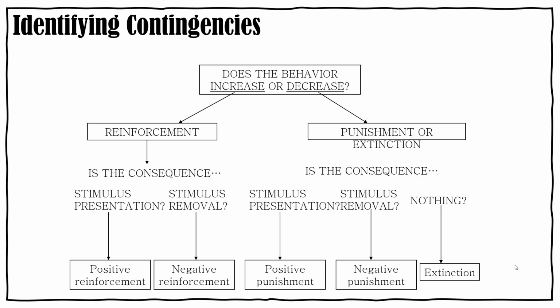And that would be extinction. So hopefully you guys can take this little flowchart and go through it when you're presented with situations and figure out what contingency it is. Is it a reinforcement contingency, a positive punishment contingency, or is it extinction? So let's try some of these.